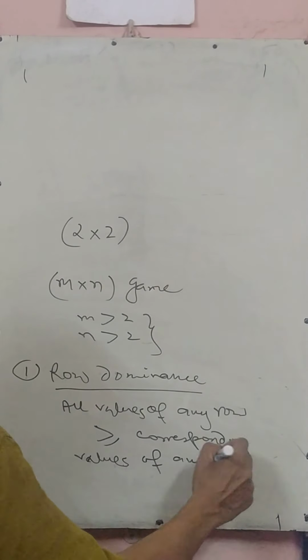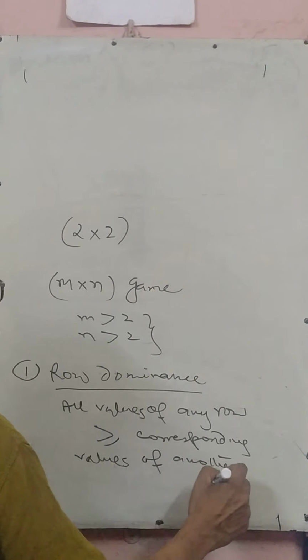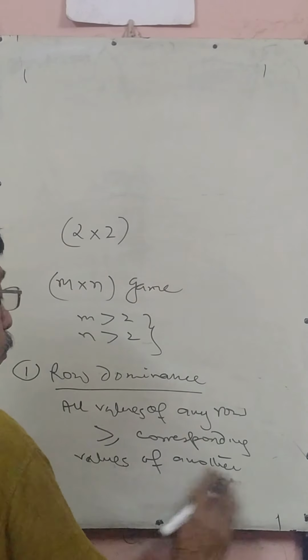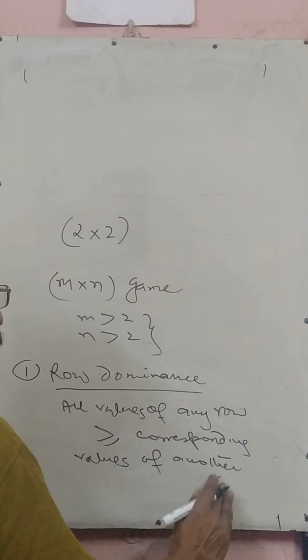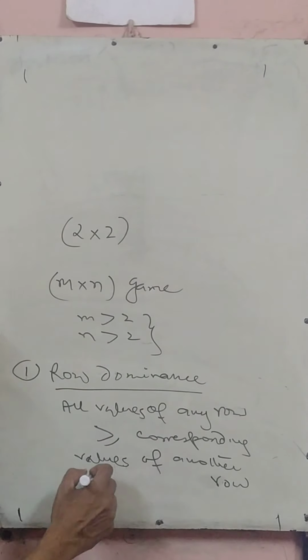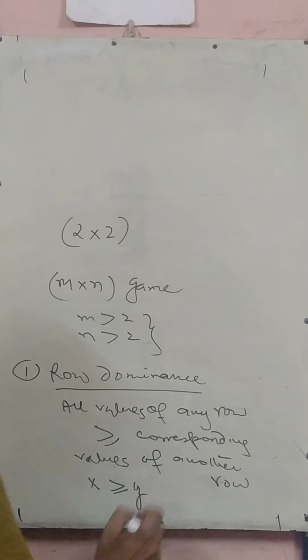So in the concept of row dominance, our idea will be to take the bigger row, though some values may be equal. That means if x denotes the values of a row greater than or equal to y, another row's values, then we will take the row having the values x.